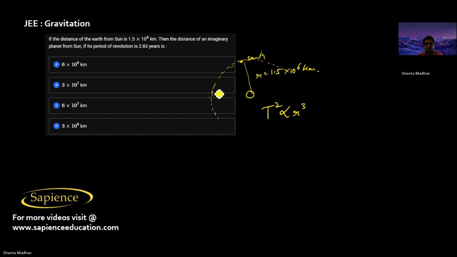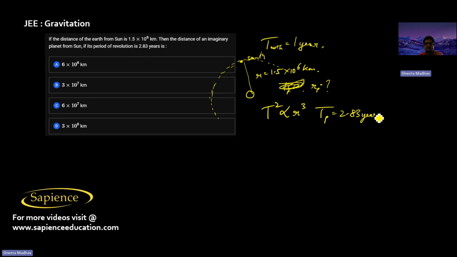So we know that the time period of revolution of the Earth is 1 year. The time period of revolution of the planet is given as 2.83 years. Then the distance of this imaginary planet from the Sun, that we have to find.